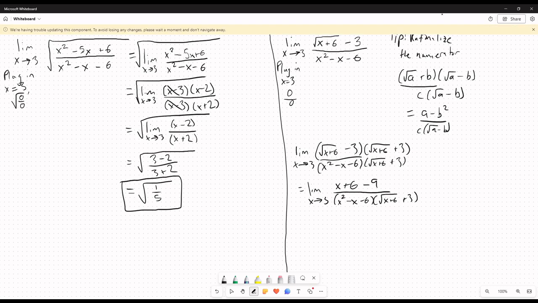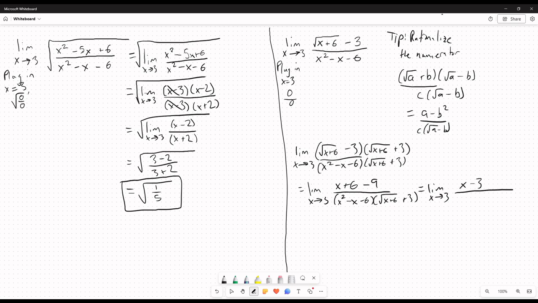But it turns out that we're still fine. So let's go ahead and do some simplification now. That numerator is really just x minus 3. And that denominator, again, this is the same polynomial we had earlier. That's going to be x minus 3 times x plus 2, just factoring that first part. And then we're going to leave our square root of x plus 6 plus 3 here.